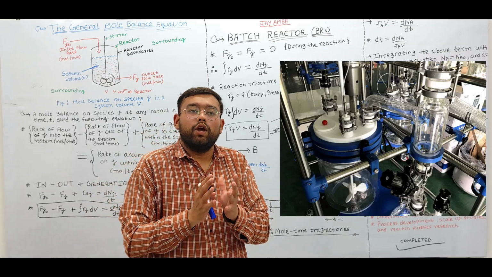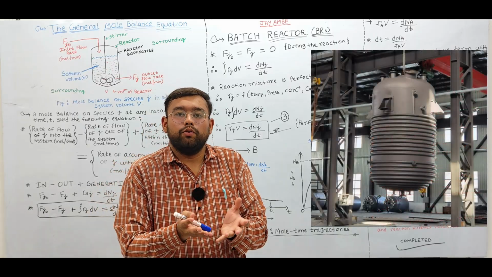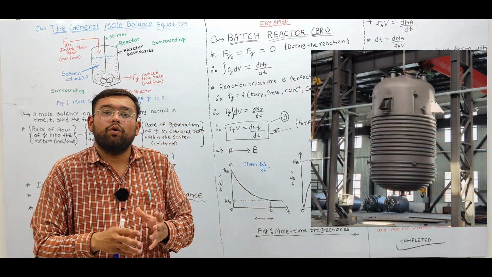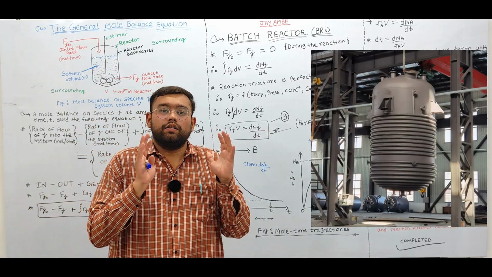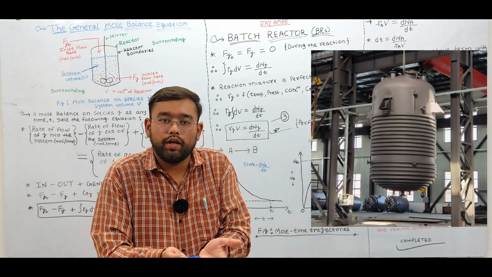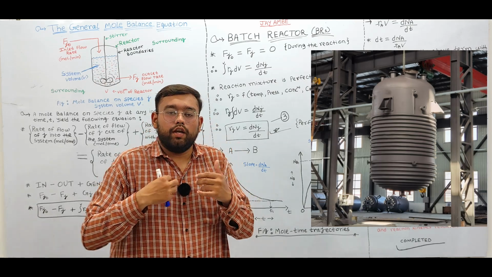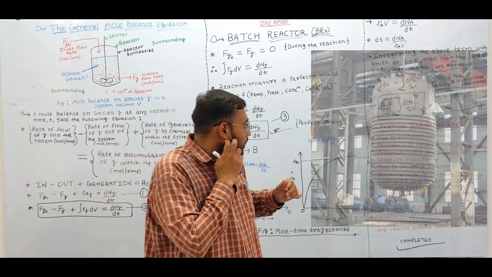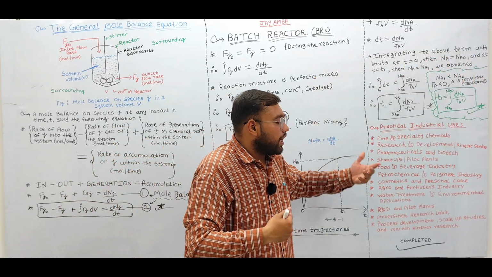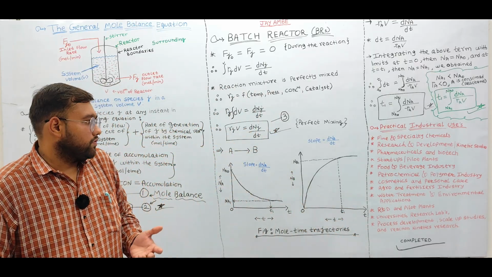In the jacket we flow a cold stream or a hot stream, and due to heat transfer, heat is transferred either from the jacket to the reaction environment, or from the reaction environment to the fluid flowing in the jacket. We also use batch reactors to start up new pilot plants.